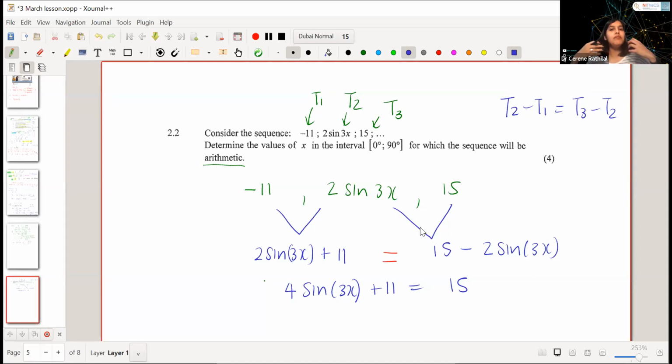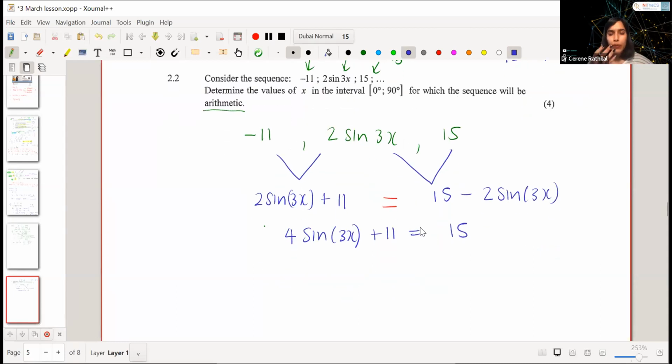Right, so I'm simply merging the theory of sequences, and we're now trying to investigate what is the value of x that satisfies this property. So far, all I did was I added 2 sine 3x to both sides to get rid of the 2 sine 3x from that side. And now I want to ensure that I've only got constants on the right-hand side.